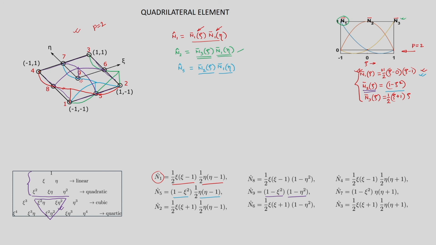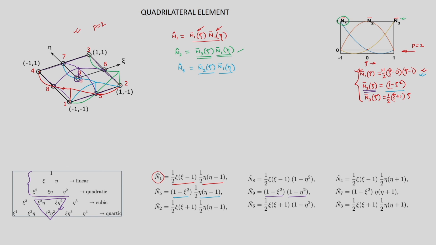Moreover, we have an additional internal node, defined by node 9, and that is not contributing to any inter-element boundaries, alright. So we will see how we can avoid this internal node in the later discussion.